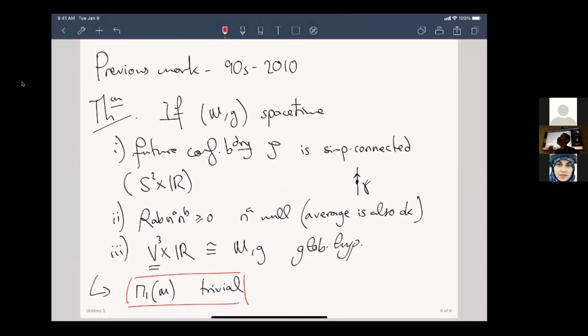Martin, yes, the theorem says nothing about black holes. Okay, so this is scri plus, if you like. This is the future boundary, and the region M is actually the past of this, which is foliated by V3s, where it's understood that this is an event horizon. M is the interior.